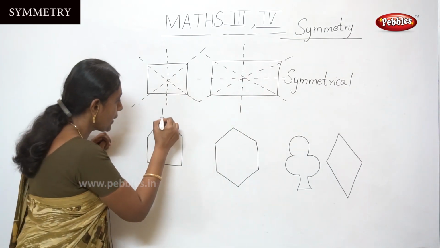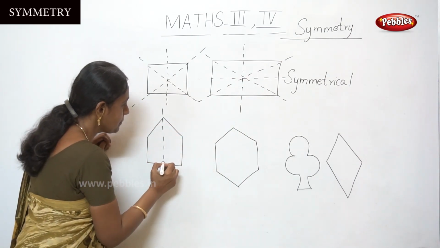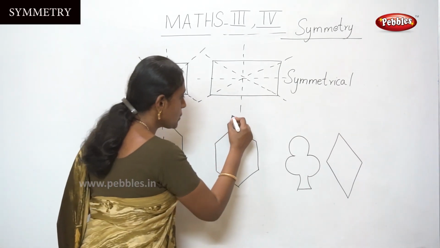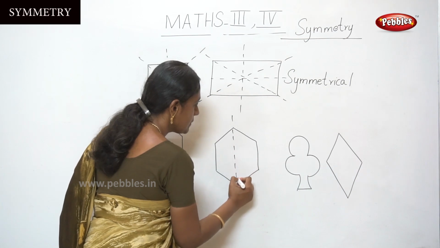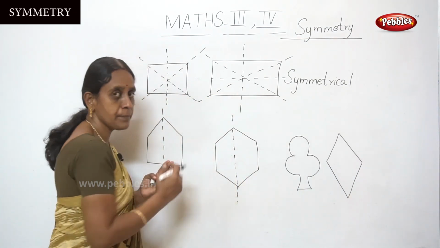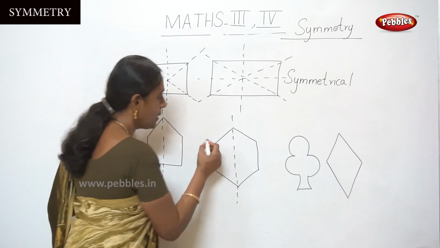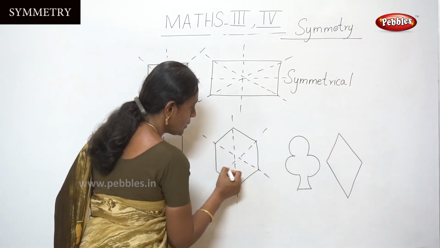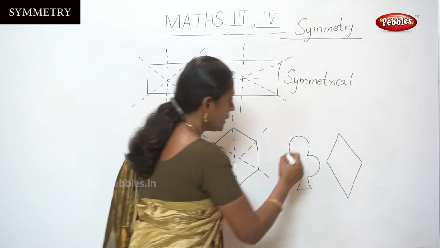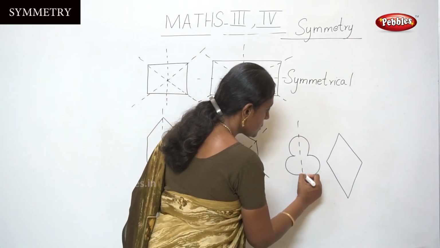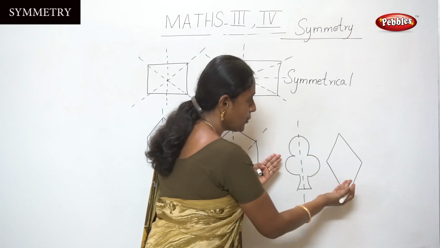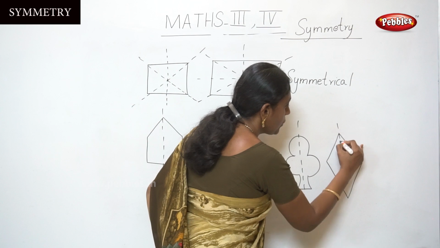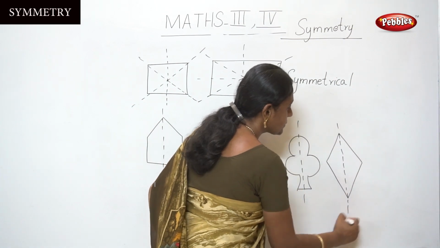Here also you can fold it like this and get it into 2 equal halves, and here itself also you can draw like this, or fold the paper in this hexagon shape, you can divide into equal portions. And here also you can draw an imaginary line, you can divide into 2 equal portions.